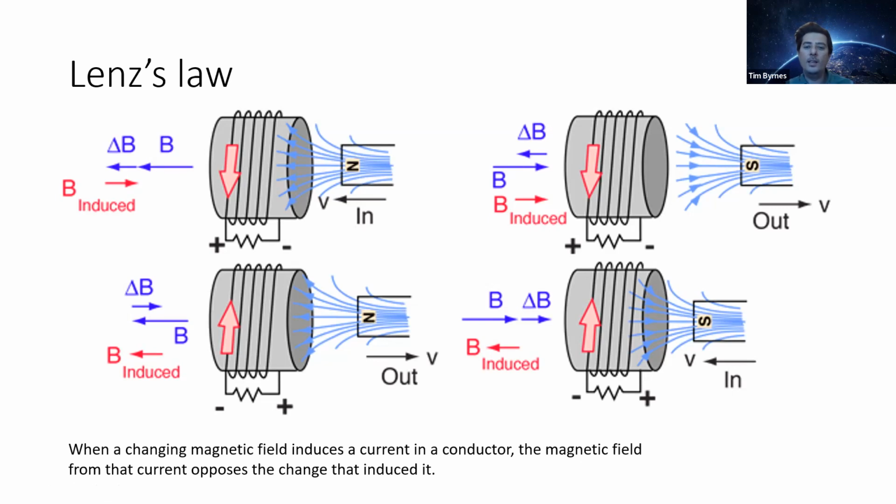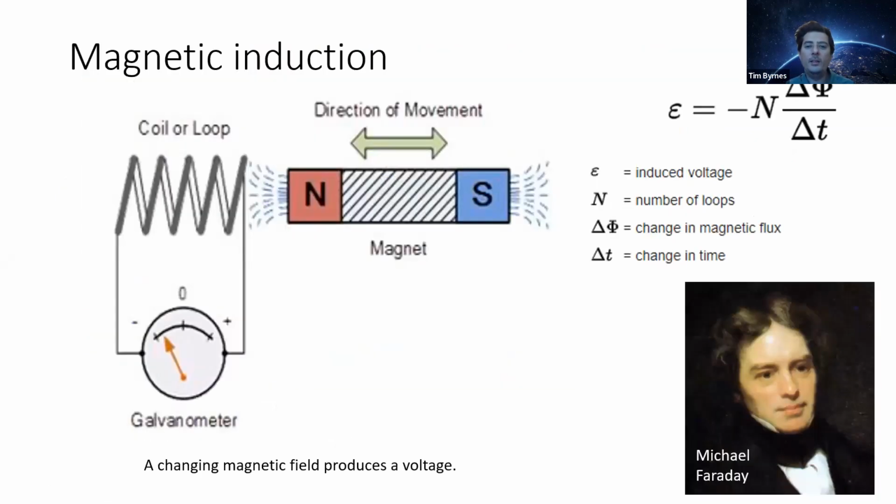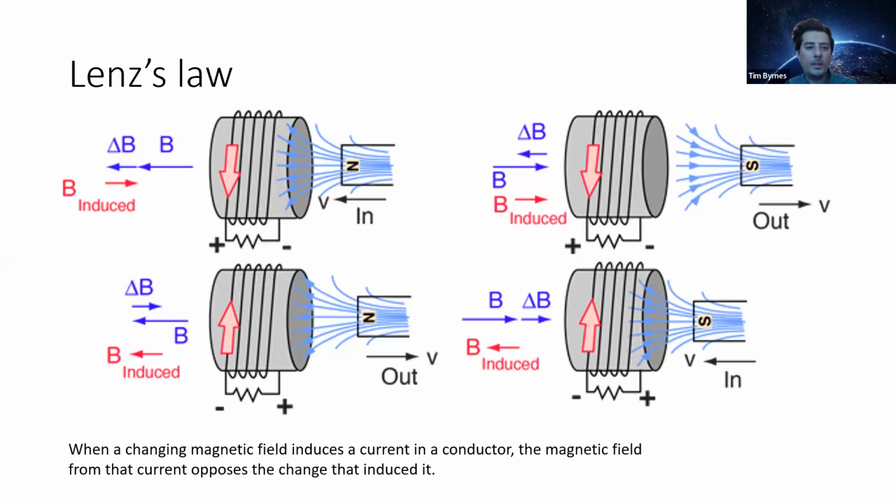So it doesn't like any kind of change. So Lenz's law is more qualitative, there's no formula to it. It's just a rule of thumb. And Faraday's law is more like an actual mathematical law where you can calculate the actual voltage. Okay, so I hope that clarifies. Okay, thank you. Okay, thanks for the question.